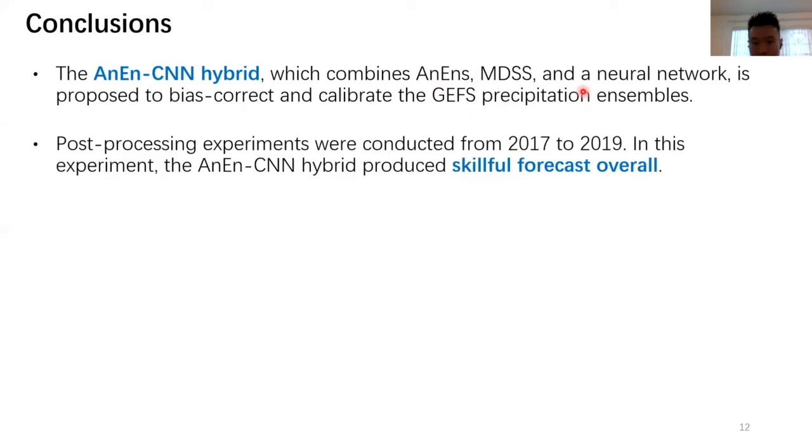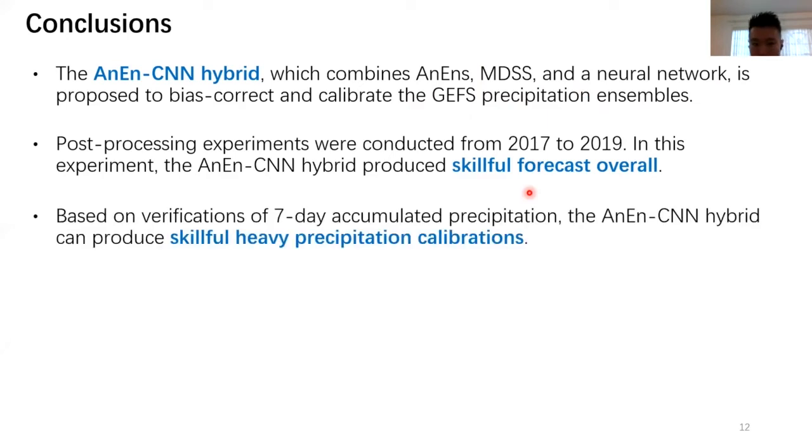We have conducted post-processing experiments for 3 years, and during the experiment, ours produced more skillful forecasts by showing higher CRPS skill scores. We've also verified 7-day accumulated heavy precipitation, and ours also produced more skillful calibrations in this verification case.